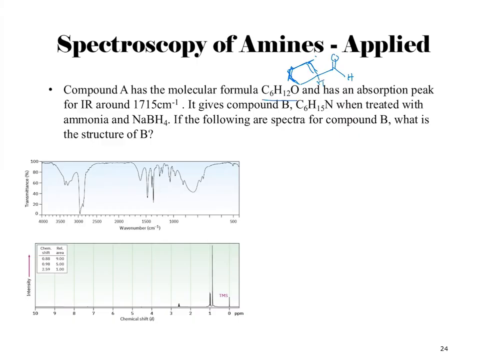So we have 1, 2, 3, 4, 5, 6, 7, 8, 9, 10. So we're still missing 2 protons here. Let's see if we change this to an alcohol, then we may have the correct number of protons just on a cyclohexane.